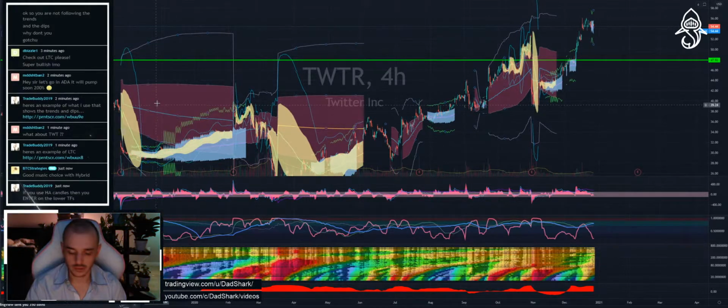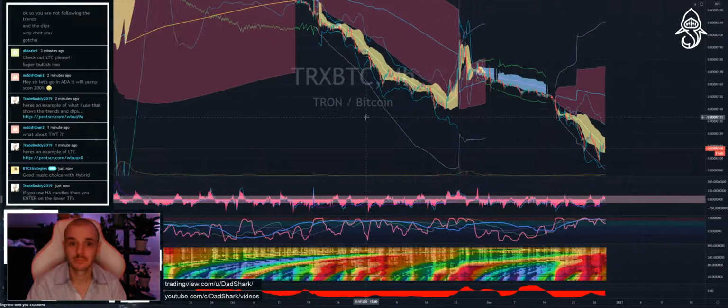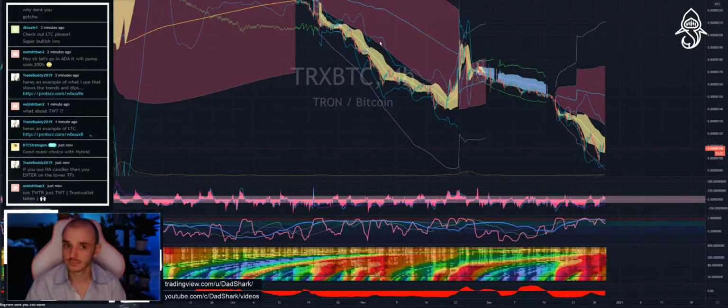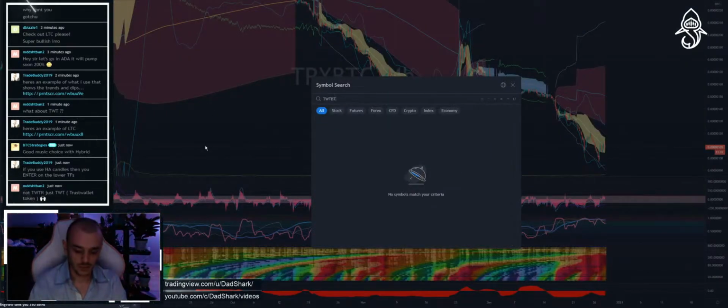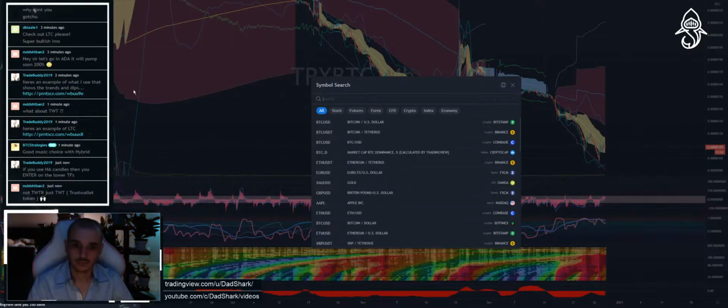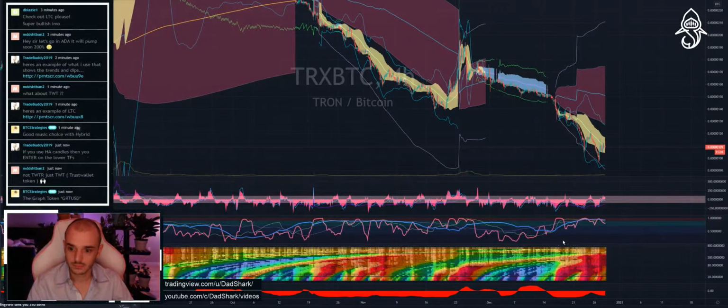How's TRX looking? Now, let's take a look. Bad. That is a downtrend. Trust Wallet token. I don't even know that's listed, dude. It's not a Bitcoin pairing. Is it a USDT pairing? It's not. Yeah, I can't look at that. The Graph token.